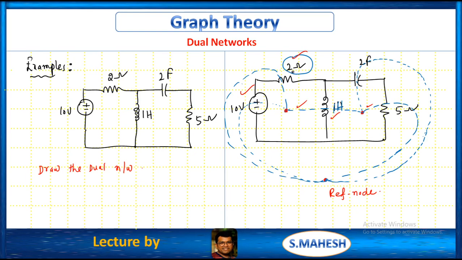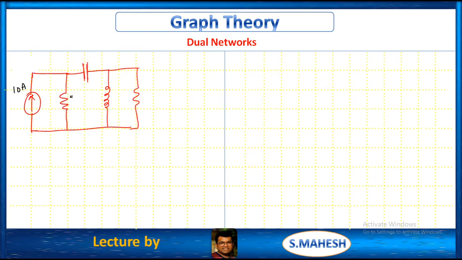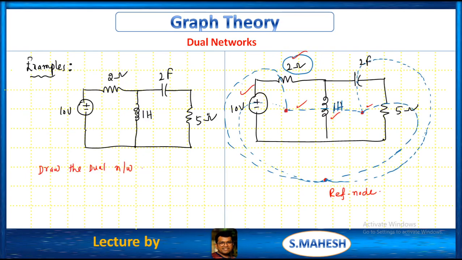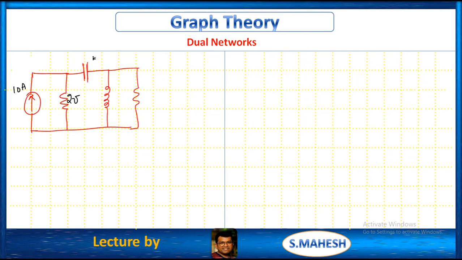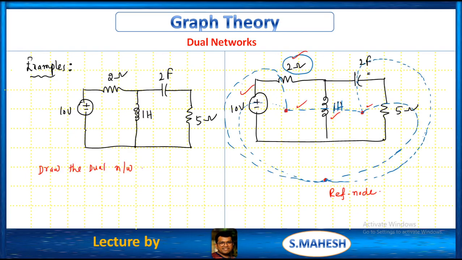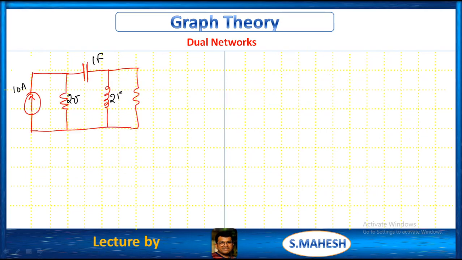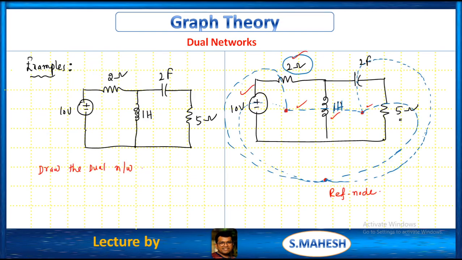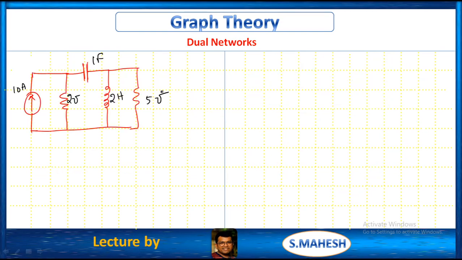Here we are having 2 ohms. Here we are having what? 2 mhos. Here we are having 1 Henry, 1 farad. It is 2 farad. It is 2 Henry. It is 5 ohms. It is 5 mhos. That's it. This is one example.